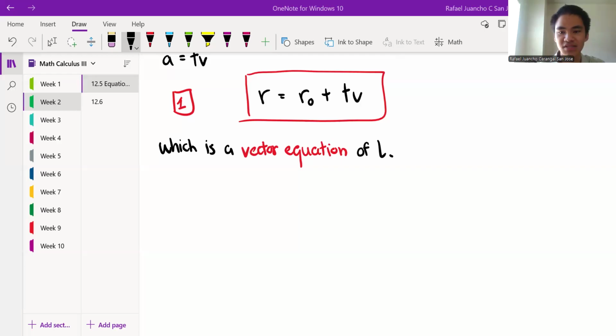Okay, so what this is basically saying is that based on our value for t, it gives the position vector r of a point on L. What do I mean by that? I'm just going to show the picture.